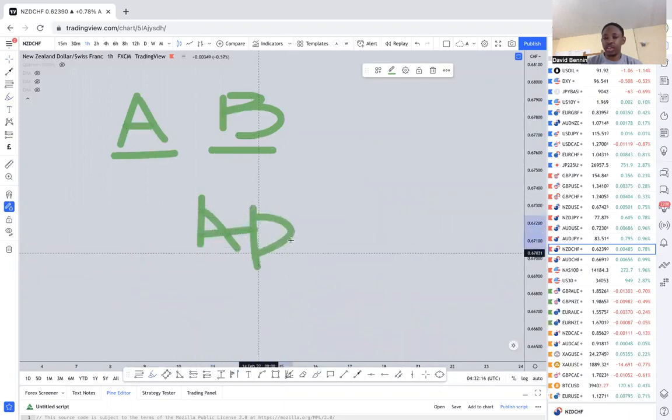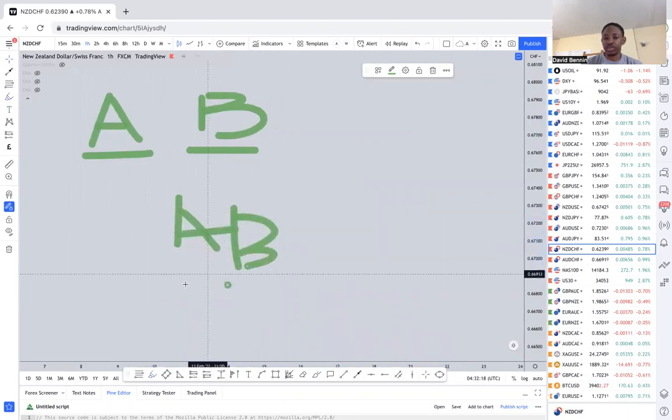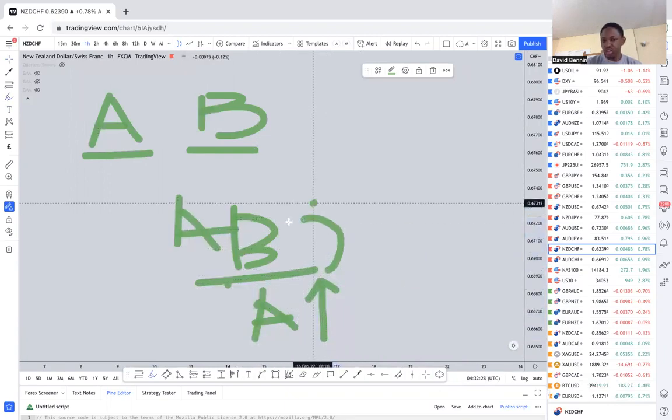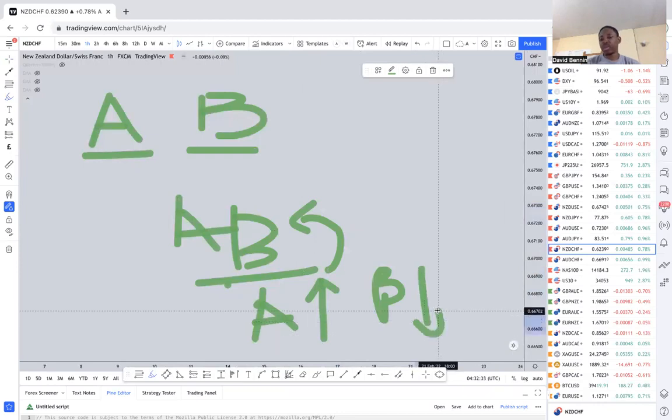And if A is strong, it will cause AB to push up. And if B is strong, it will cause AB to move down.